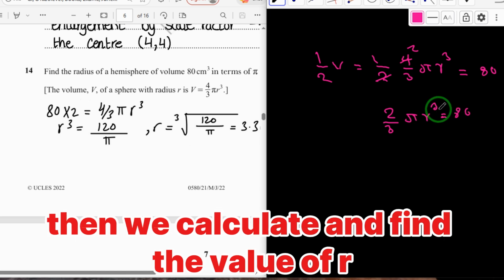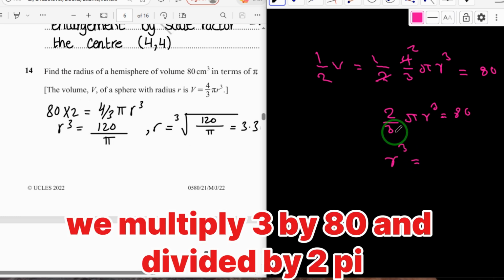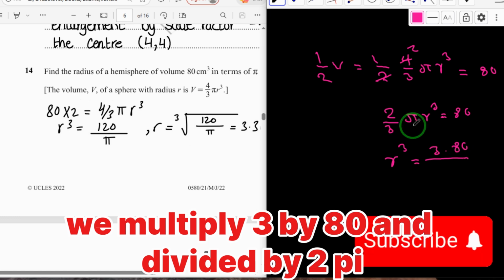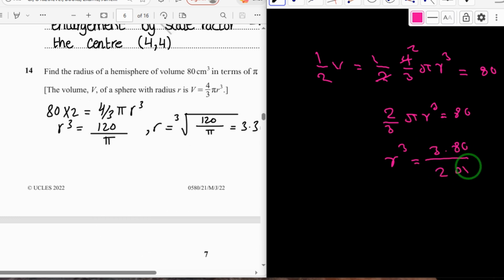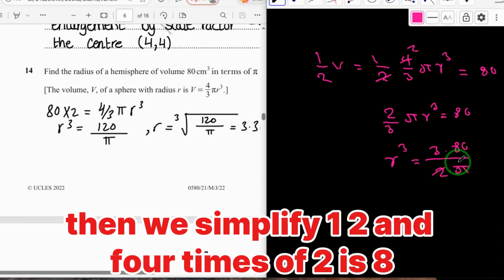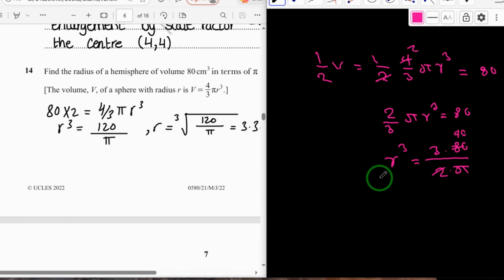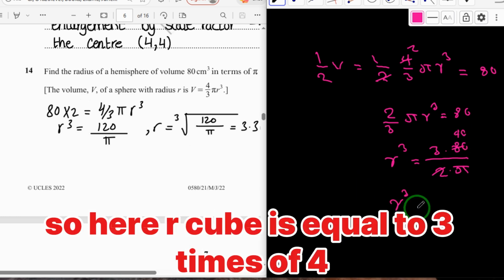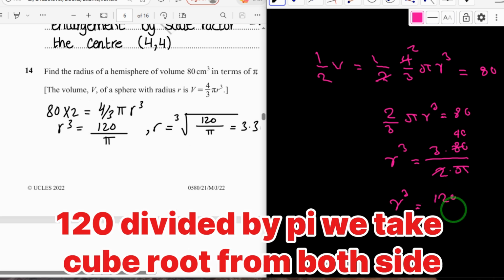Then we find R cubed by multiplying 18 by 3 and dividing by 2 pi. Then we simplify 1, 2 and 4 times 2 is 8. So R cubed is equal to 3 times 4, 12, over pi, that is 12 divided by pi.